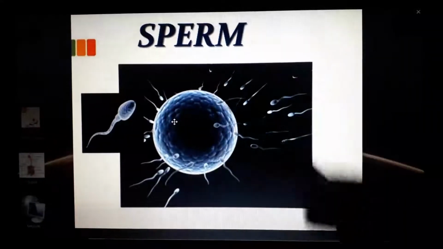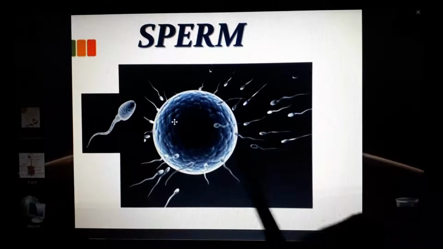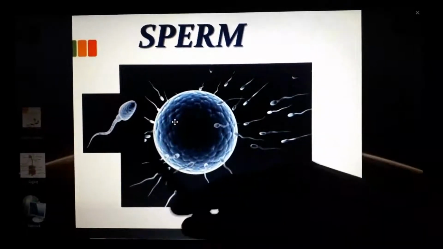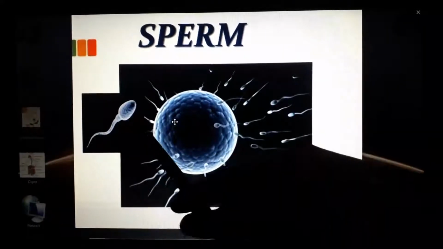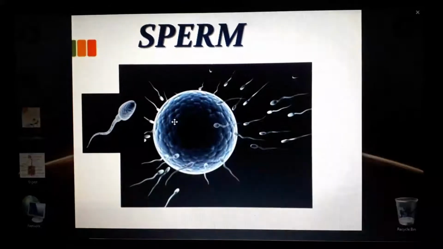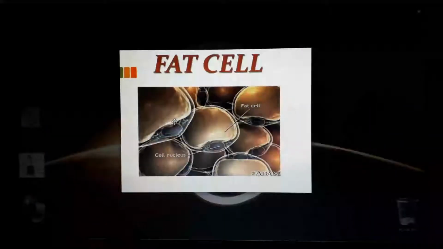This is also a particular type of cell. If we zoom into the ovary, it is a small ball, and if we zoom into a sperm, it is a simple thing like this. A small head and a tail, very small. One of the smallest cells in the world.